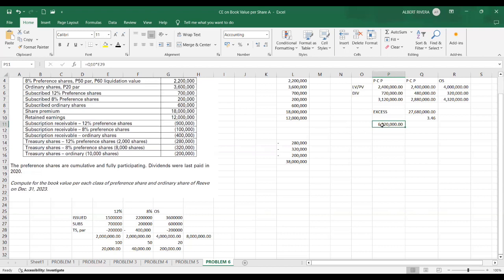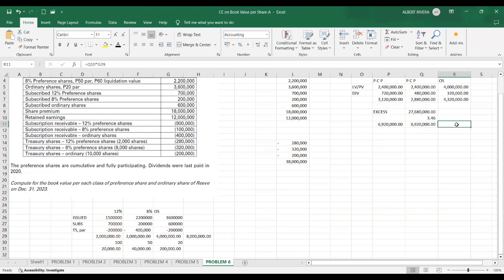So I think it's good. Okay? That is 3.46 times 2 million. While the amount here is 3.46 times 2 million also. This is it. Okay? So this is 6.92.